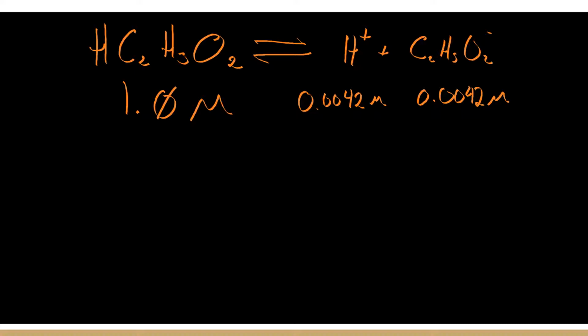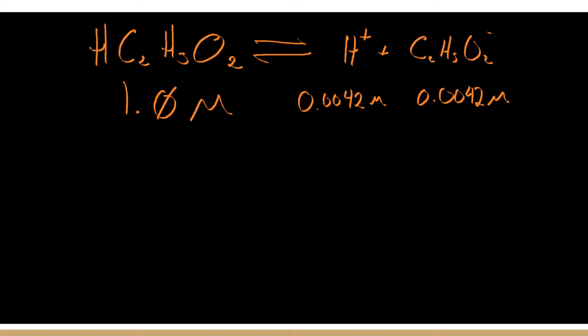So you dump acetic acid into water to make a 1 molar solution. Let it come to equilibrium. You're going to end up with 1 molar of acetic acid. 1 molar is such a high concentration, and acetic acid has such a low equilibrium constant, that it's not exactly 1 molar, but it's so close that we can't really see the difference.